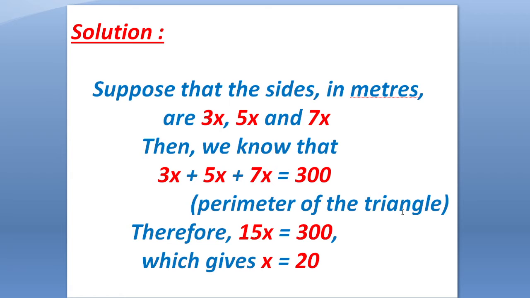Solution. Suppose that the sides in meter are 3x, 5x and 7x. Then we know that the perimeter is given: 3x plus 5x plus 7x is equal to 300. Therefore 3x plus 5x plus 7x is equal to 15x is equal to 300, which gives us x is equal to 20.